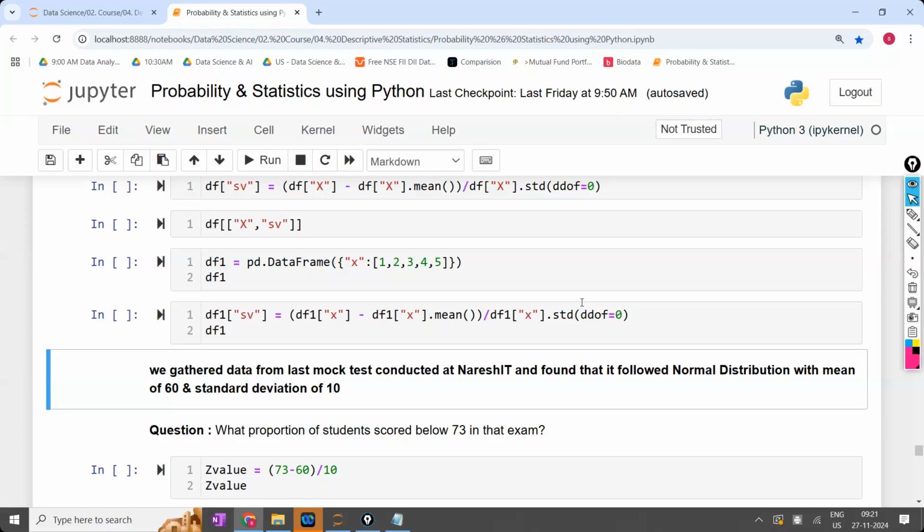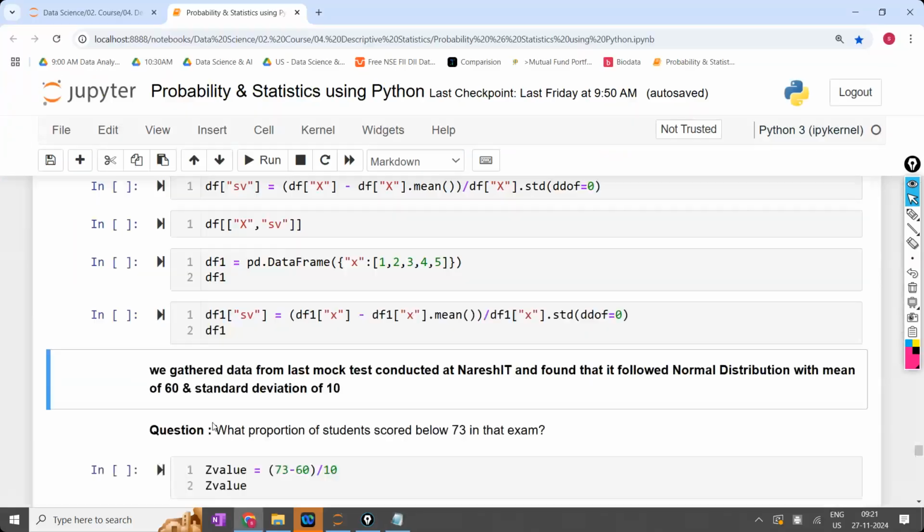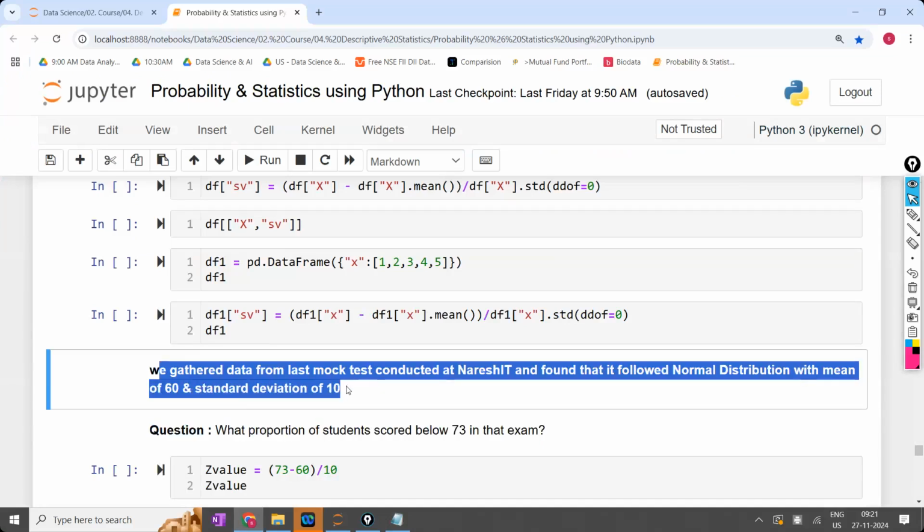Done? Now, you have taken this question up to here only. Don't write this part, only from here to here. Completed from here to here.